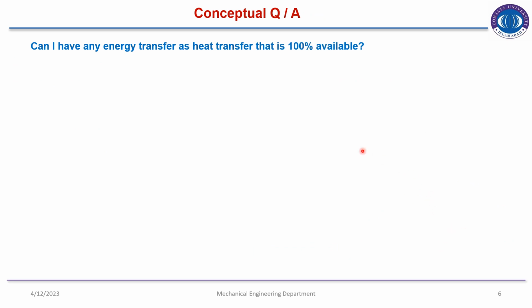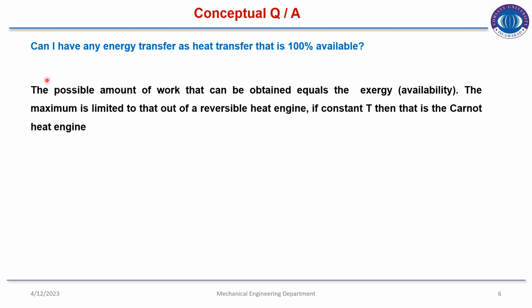Now we will discuss some conceptual question answers. Can we have any energy transfer as heat transfer that is 100% available? The possible amount of work that can be obtained is equal to exergy or availability.